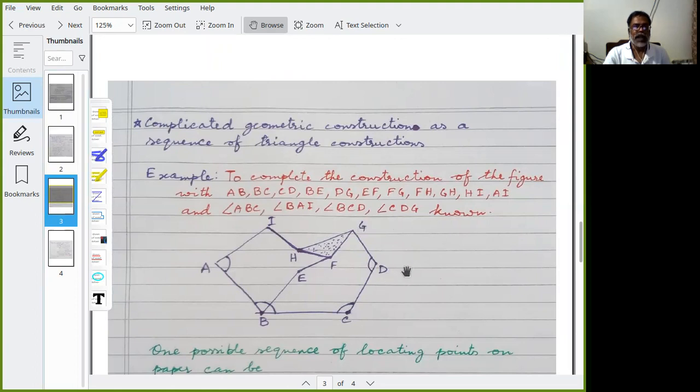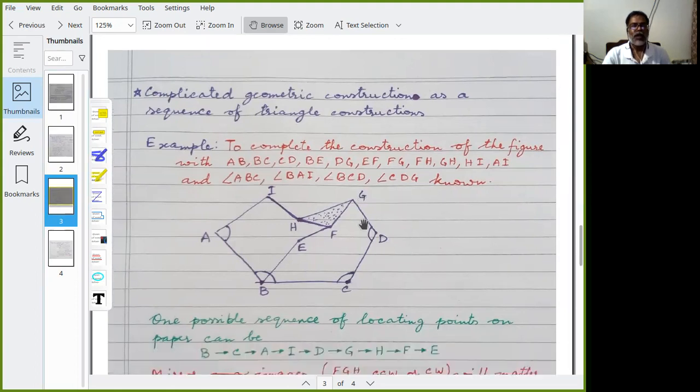Now, that kind of situation may arise in complicated geometric constructions, in which what is given and what is required will be enmeshed in such a manner that it takes some amount of thinking to work out the sequence in which you can position the points. For example, suppose you want to construct this figure with all the linear dimensions that are visible to you.